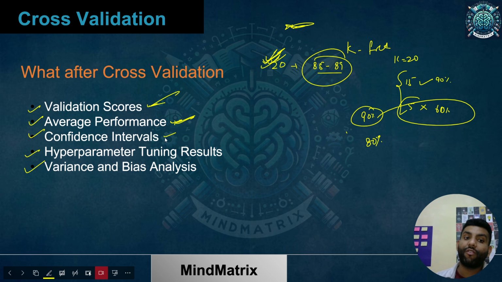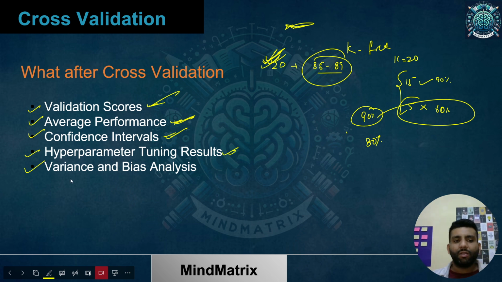That is the confidence I'm getting, about how the performance of my model changes when I show different partitions of my data. Hyperparameter tuning results: it helps me in choosing better hyperparameters.